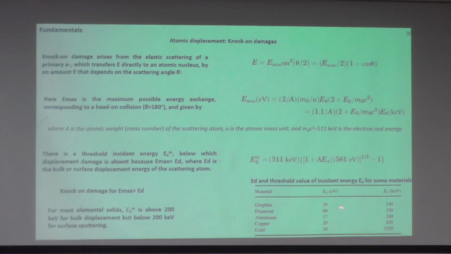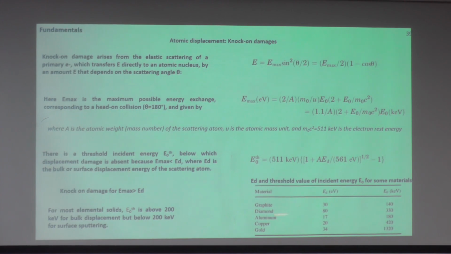For graphite it's 30, for aluminum it's 17. If we insert this ED value into E0, this is the threshold incident energy required to shift the atom from the lattice. It depends on E0 and material properties.